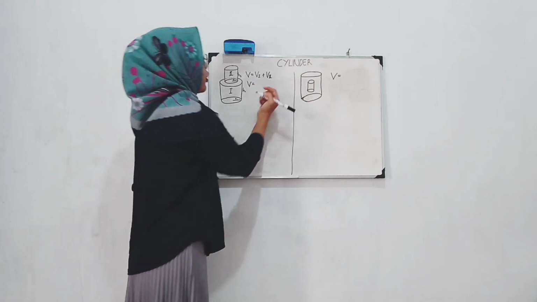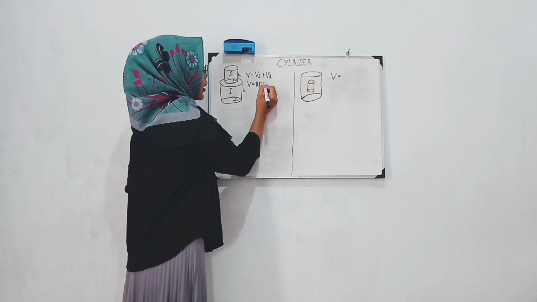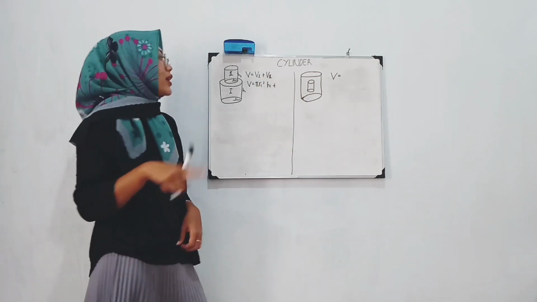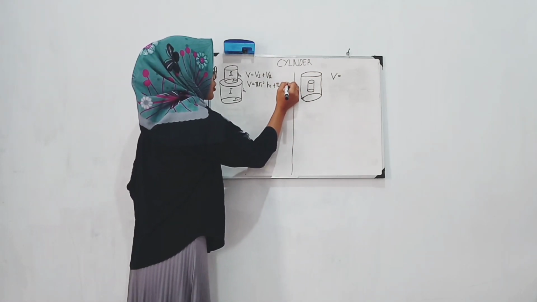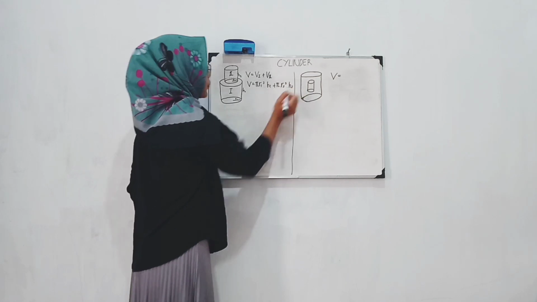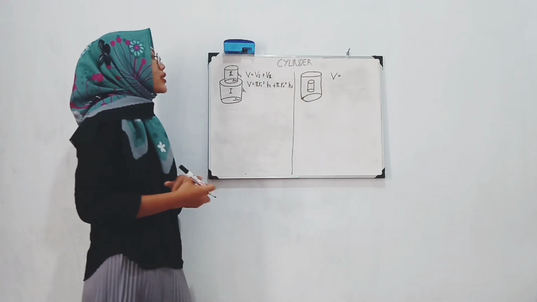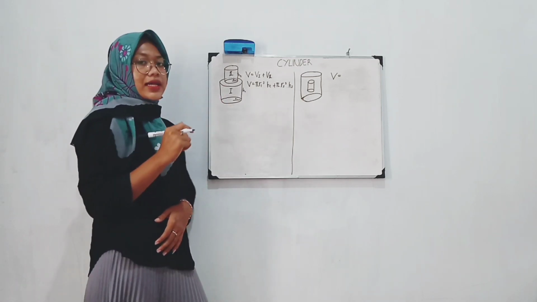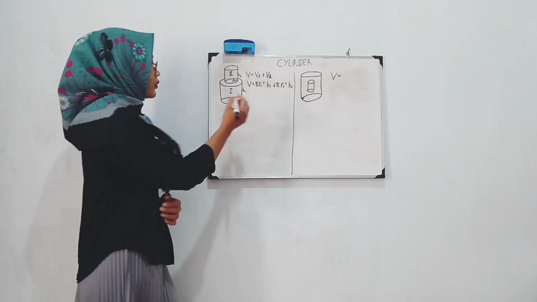Volume equals volume of cylinder 1, πr1 square times height 1, plus volume of cylinder 2, πr2 square times height 2. So, the volume of two cylinders attached above is πr1 square times height 1 plus πr2 square times height 2.